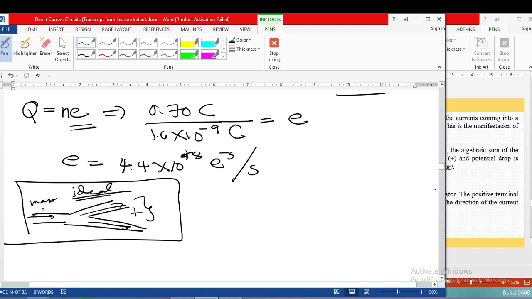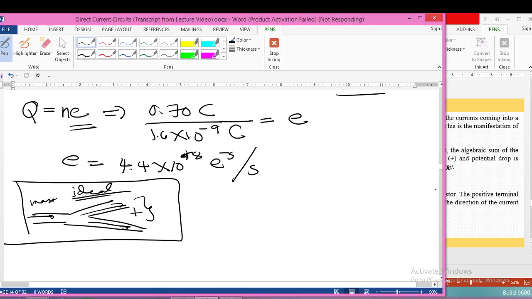So an ideal fluid in physics has no friction. Okay, there is no viscosity.